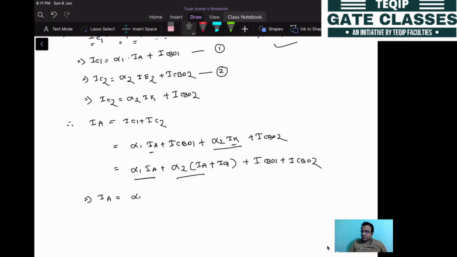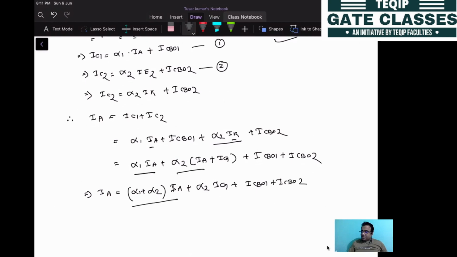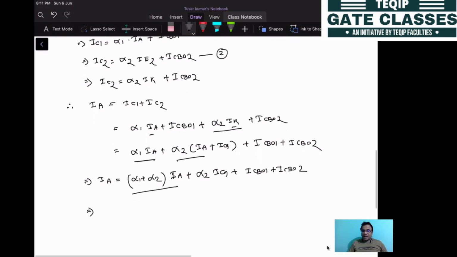So this will become alpha 1 plus alpha 2 into IA plus alpha 2 into IZ plus ICBO1 plus ICBO2 as usual.